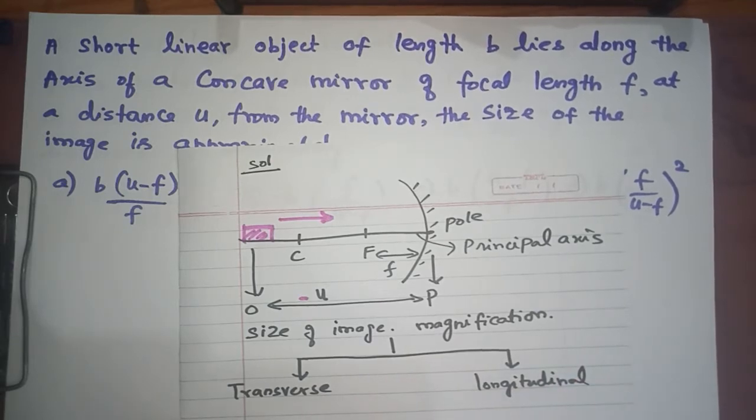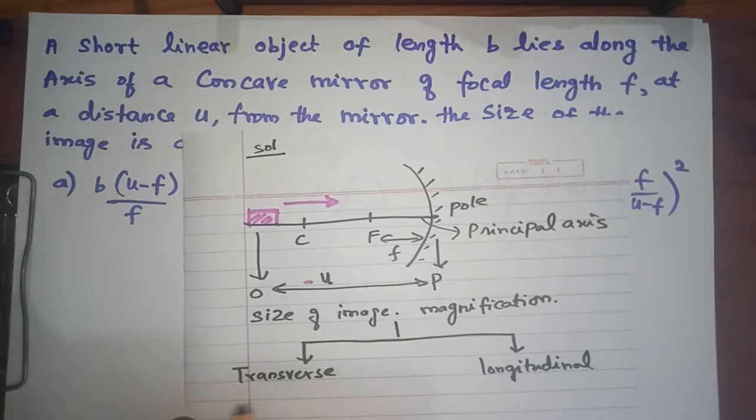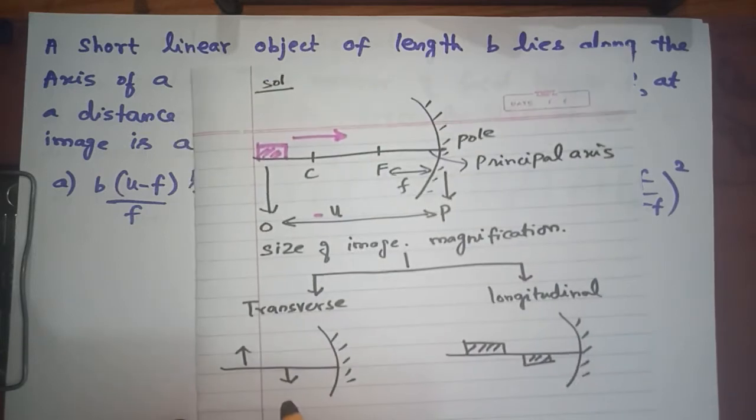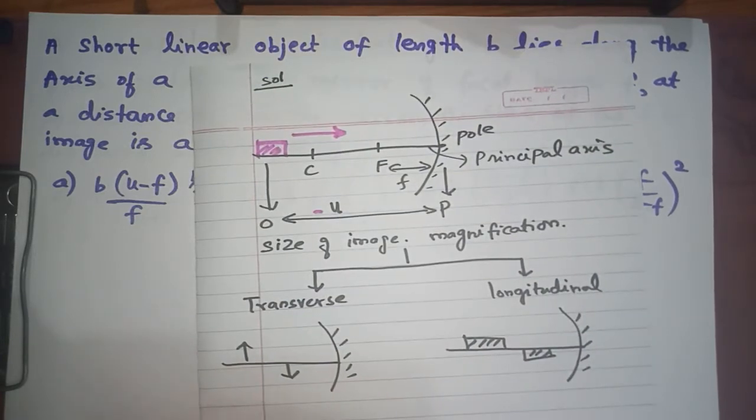In transverse magnification, the object is kept in this direction and the image is in this direction. In longitudinal, it is along the axis, and the image formed will also be in this direction.